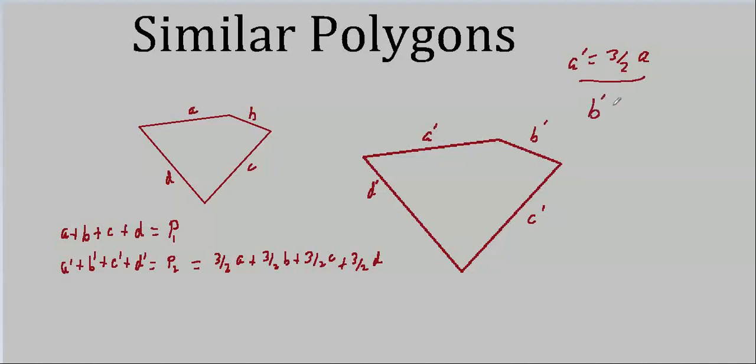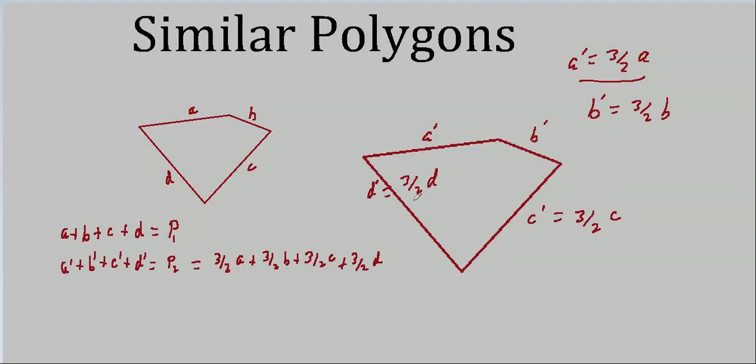So it has to be that B prime is 3/2 of B, and this is 3/2 of C, and this of course has to be 3/2 of the original D. This has to hold all the way through. It's related to the scale factor. In fact, you could call it a scale factor. In this case, it is 3/2. That's going from the small one to the big one, of course.